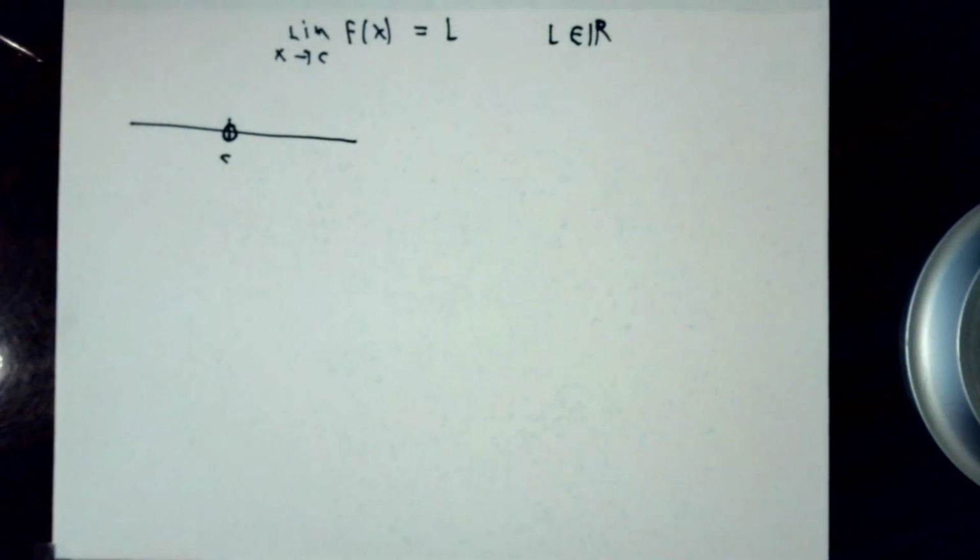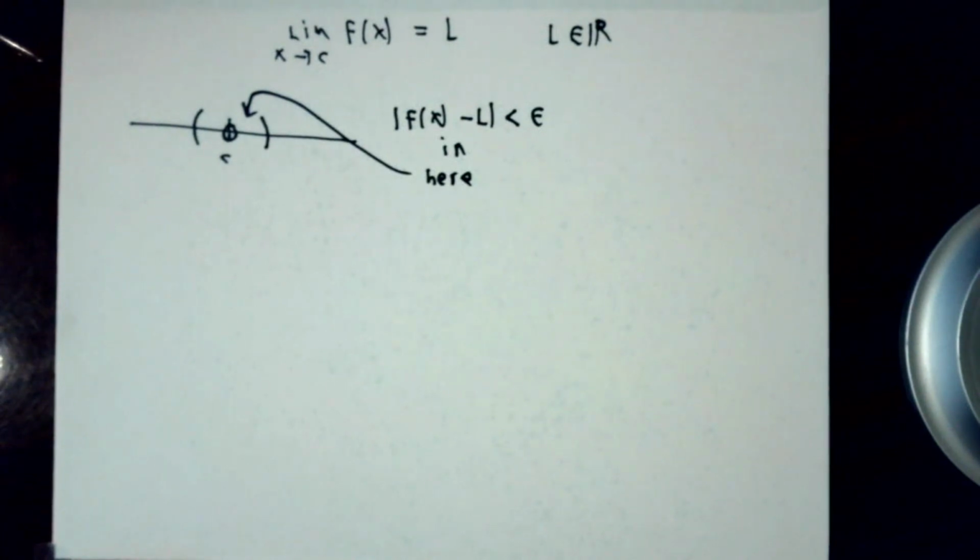Someone might give you a positive number, which we're going to call epsilon, and then they could ask you, by making the distance between x and c smaller than some particular amount, can you make the difference between the function value and L smaller than the epsilon that they gave you?